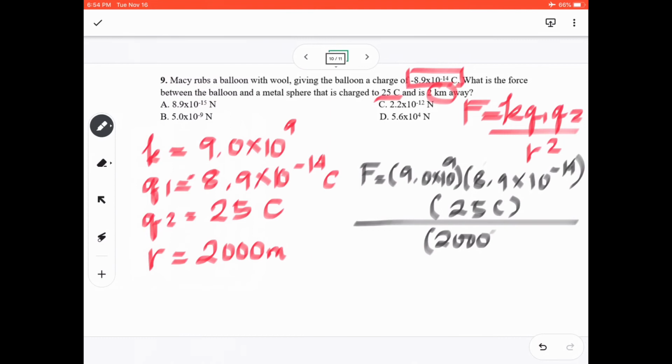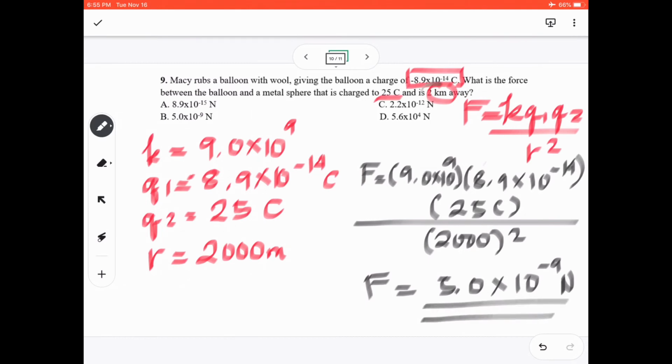And do not forget that it should be squared using your calculators. Of course, F is equal to 5.0 times 10 raised to negative 9 newtons. So relatively, it's a very small number because they are so far away from each other, which is 2 kilometers, which makes sense actually. And do we have an answer? It's letter B.